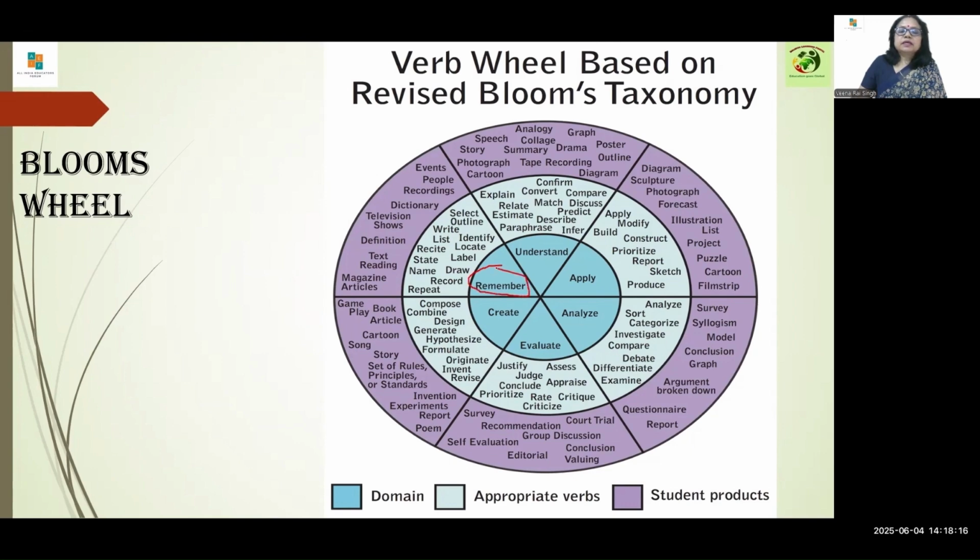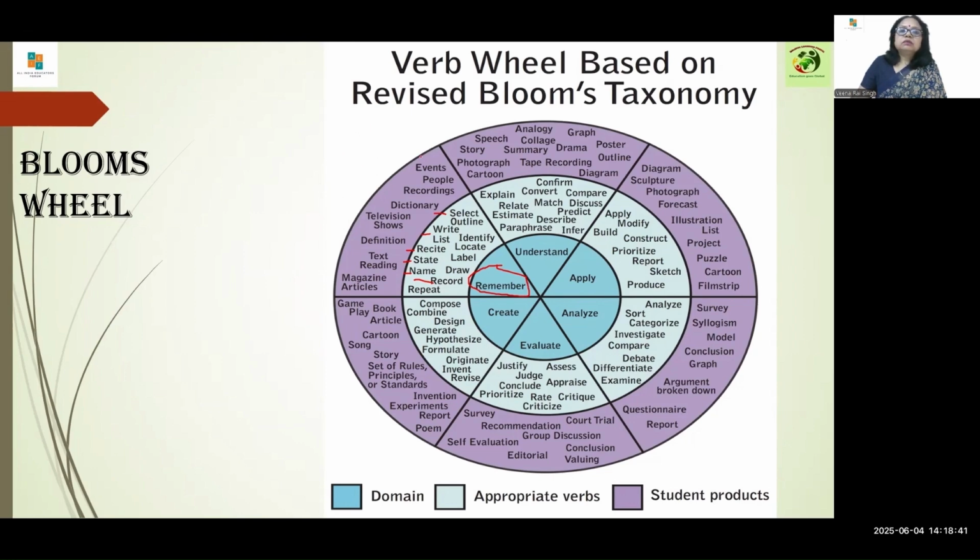Here the child is gaining knowledge, and you can see how it can be taken care of by questions like select, write, recite, state, name, record, etc.